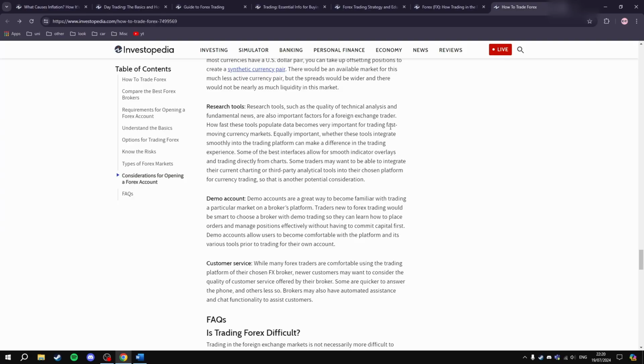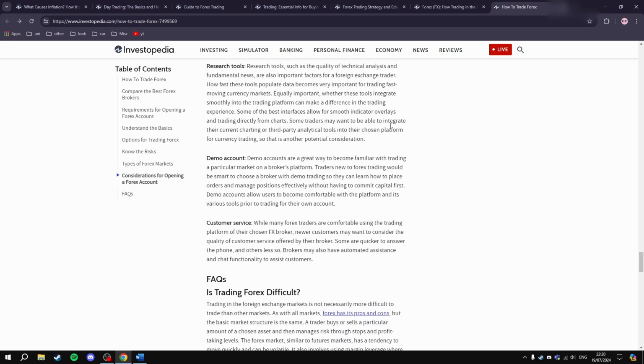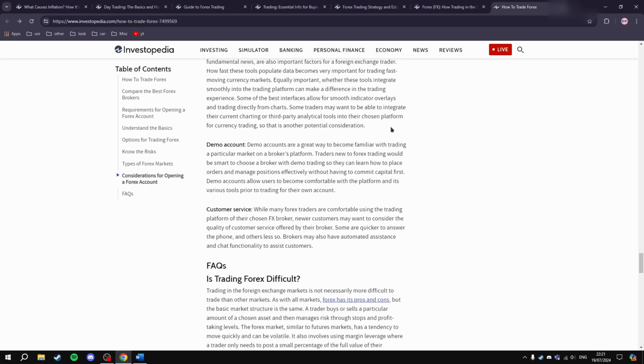There would be available market for less active currency pairs, but the spreads would be much wider and there will not be nearly as much liquidity in the markets. Research tools. So research tools such as the quality of technical analysis and fundamental news are important factors for an FX trader. How fast these tools populate data becomes very important for trading fast moving currency markets.